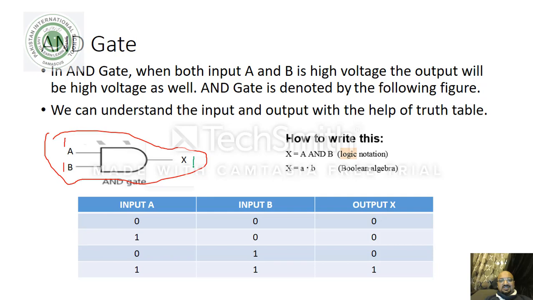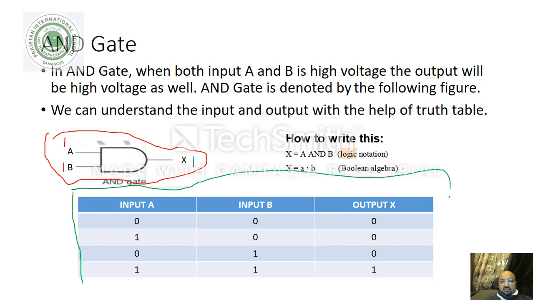The truth table is used whenever we have an input, like high voltage or low voltage, and if there are two inputs, input A and B, whenever there is high voltage or low voltage, what will the output be? Here you can see our truth table.